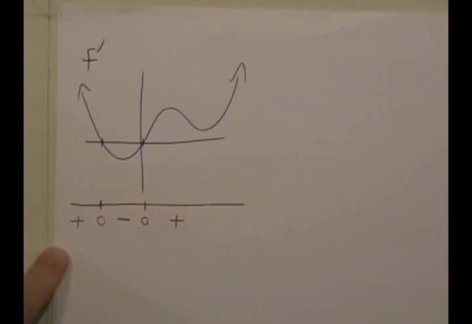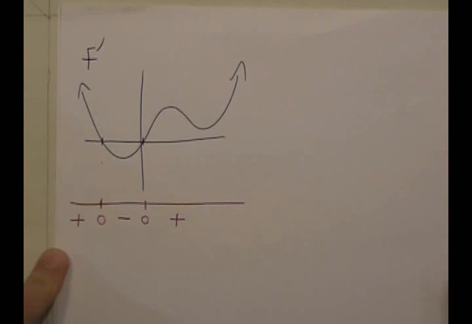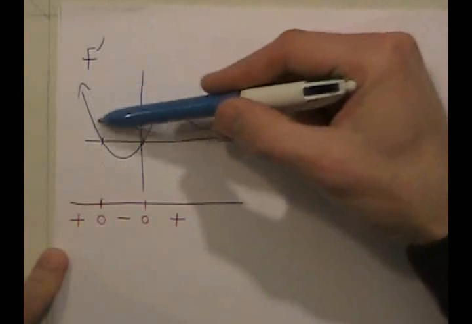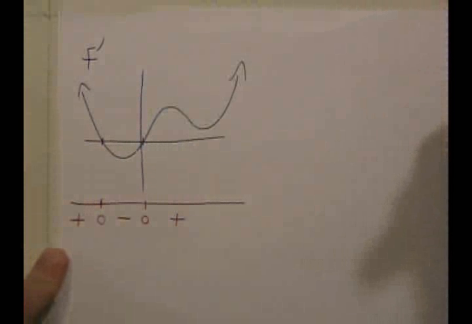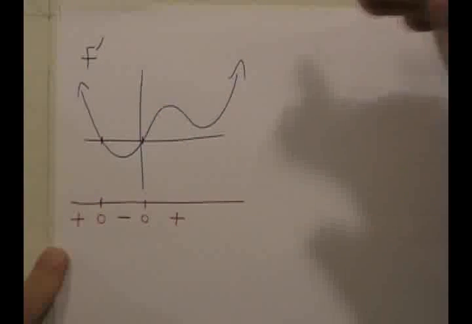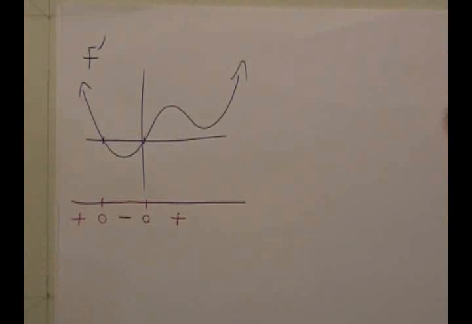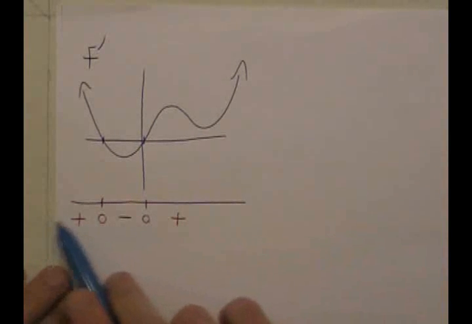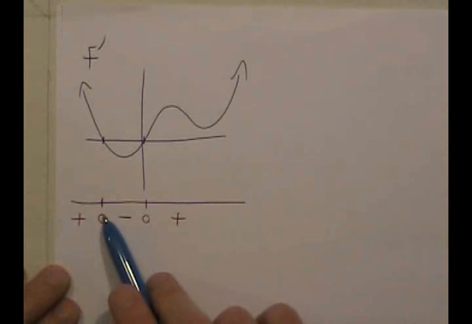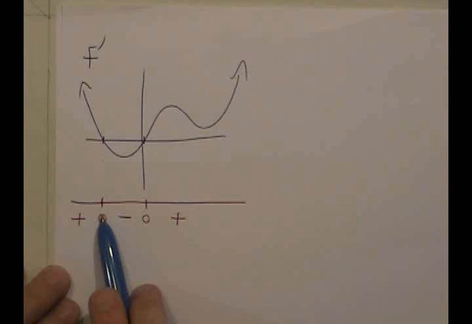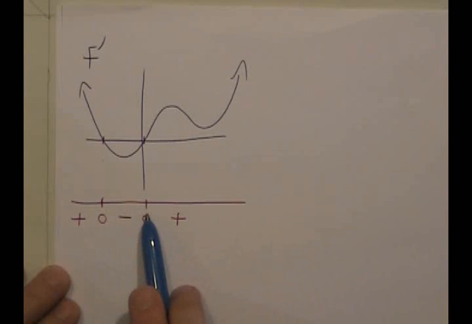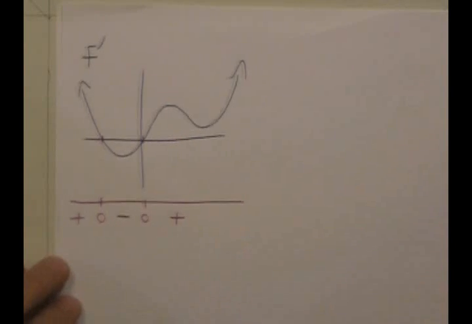So to answer the question, given a graph of f prime, all that you have to do is look to see where it's positive and where it's negative, and from that you can conclude that the original function f, without knowing specifically what it looks like, is increasing up until this number, then decreasing between this number and this number, whatever that is, and then increasing after this number.